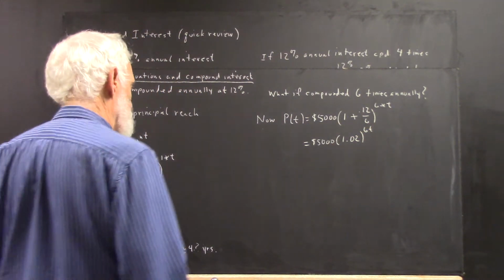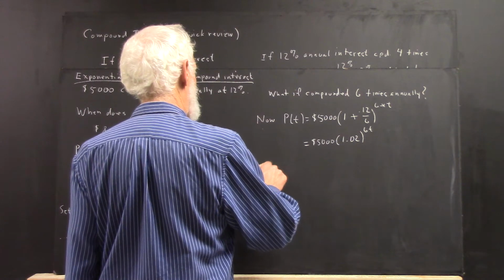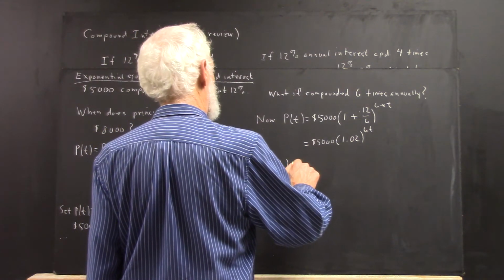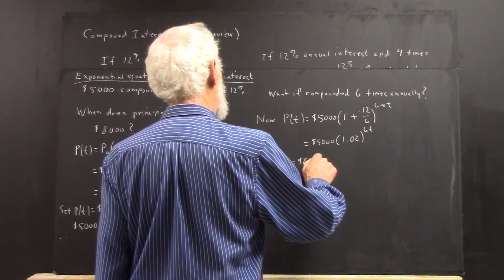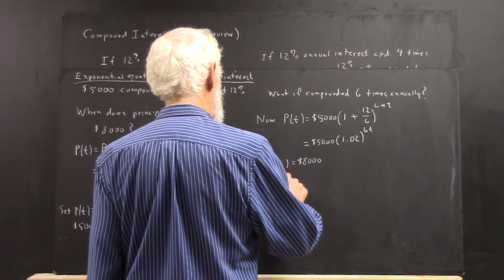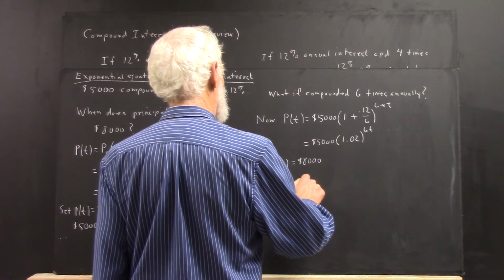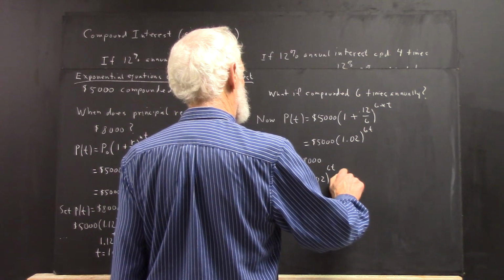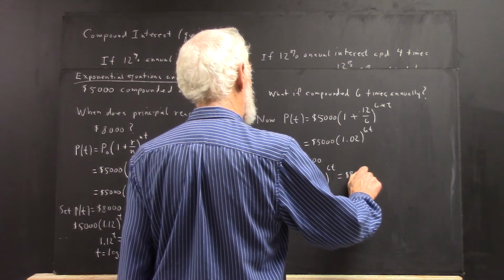Okay? And then set equal to $8,000 and solve for t. You get $5,000 times 1.02 to the 6t equals $8,000.